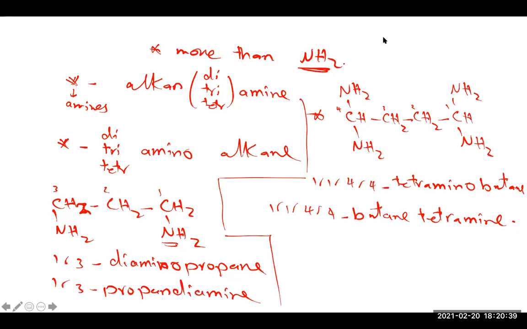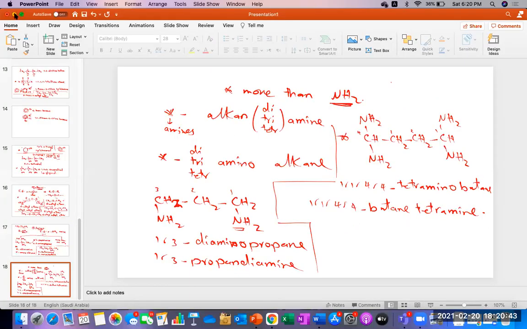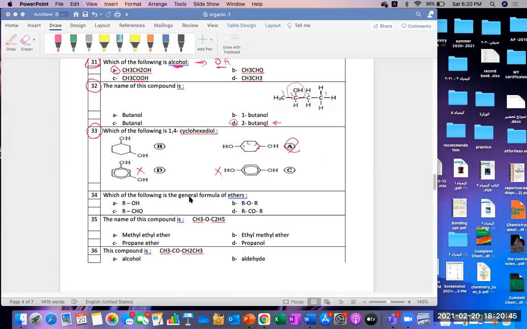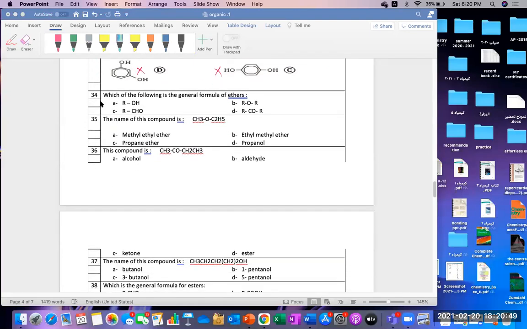Let's take a few examples on this one. Okay, for ether and amine, so questions 35, 36.